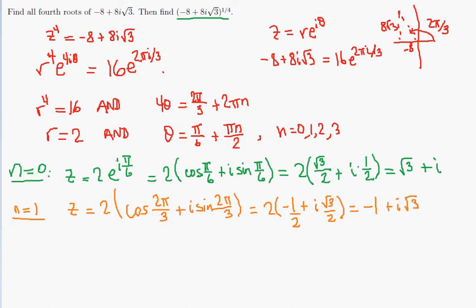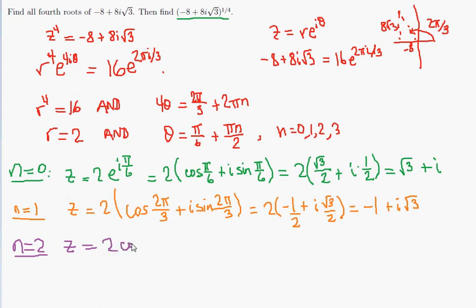Two more to go. n equals 2. Z is equal to, if n equals 2, we get 2 pi over 2, or pi, plus pi over 6, for 7 pi over 6.